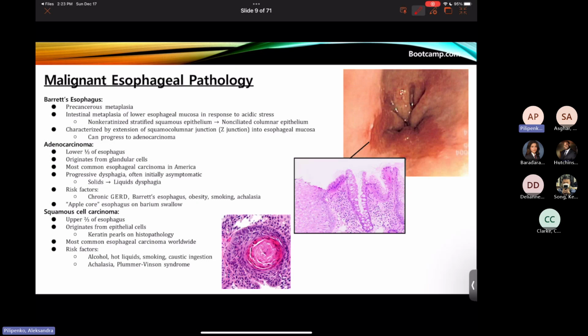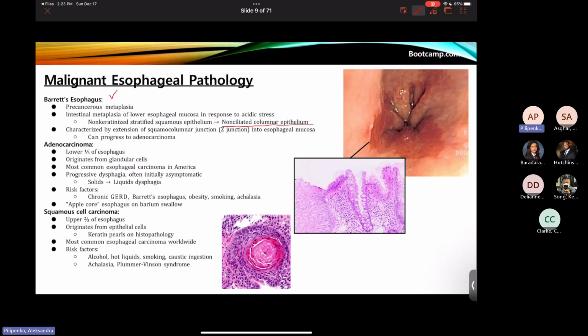I'm back. Okay, again, the cancers, right? The precancerous lesion of the esophagus would be Barrett's esophagus. Basically, you will learn how squamous epithelium undergoes metaplasia, right? And we now have non-ciliated columnar epithelium. Why?